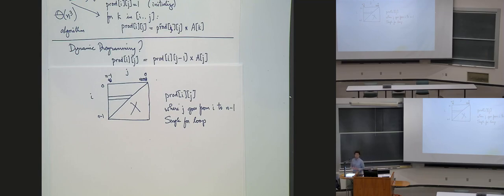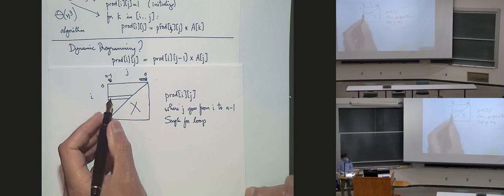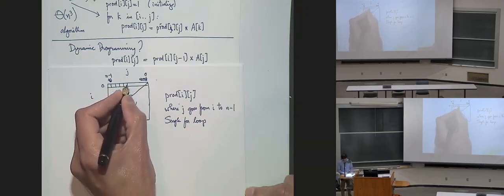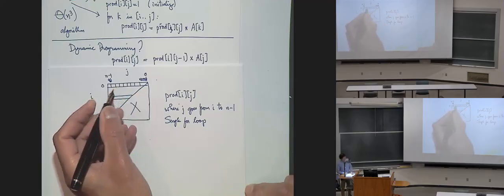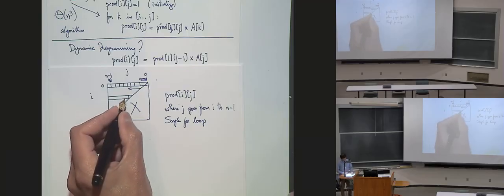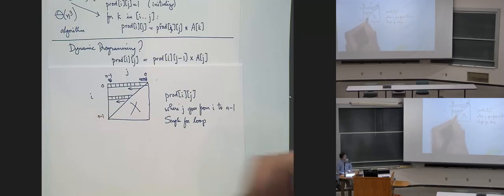Yeah? So basically, you've got all of these entries here, and technically you're filling them up in that order. Right? So you can fill all of these up in this order. Make sense?